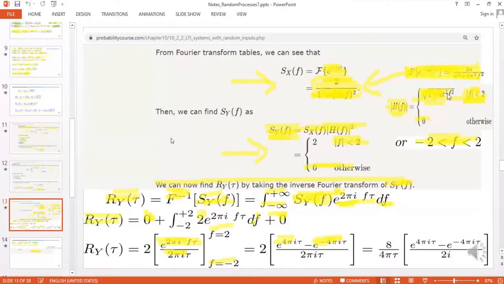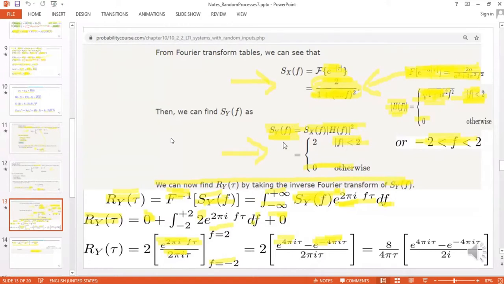So we multiply this, because 1 plus 2 pi f whole squared cancels out and we have only 2. So the product of these two functions will give you 2 when f lies between minus 2 to 2, and otherwise it is 0 because H(f) is 0.